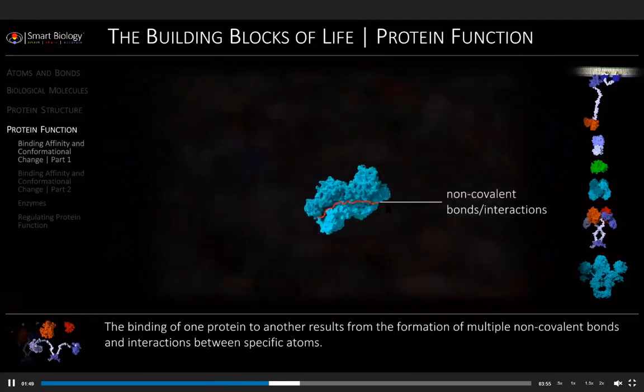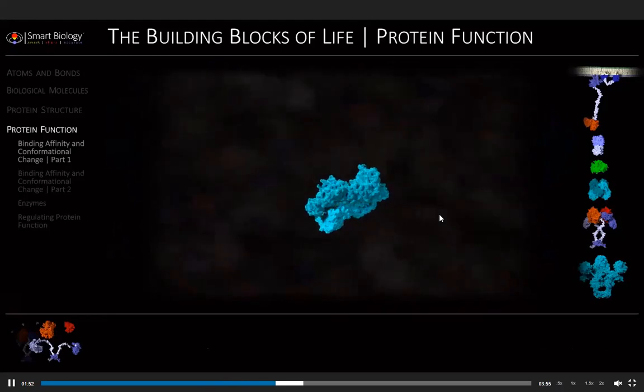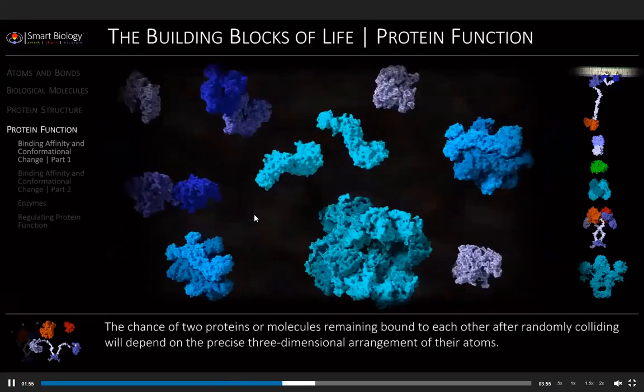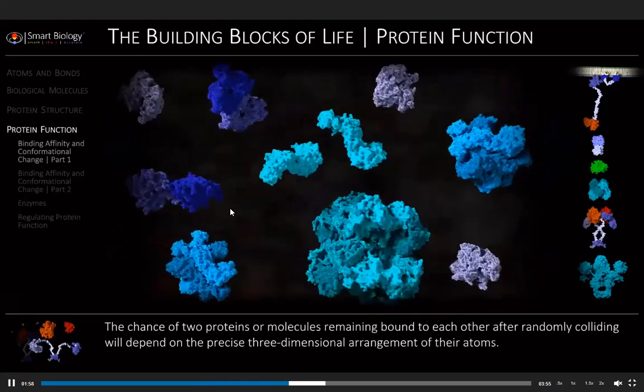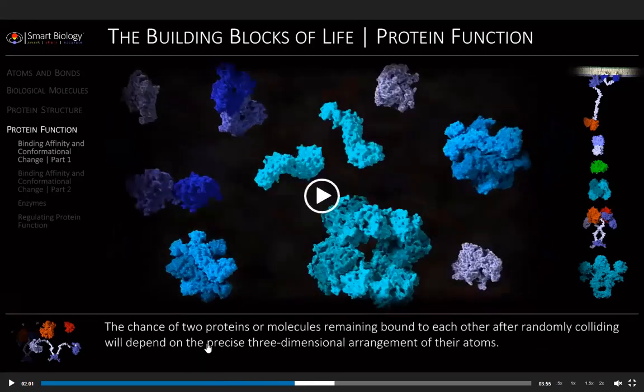And they form these non-covalent bonds or interactions, which will keep them together for the duration that they need to be together. So the chance of the two proteins remaining bound to each other will depend on the very precise three-dimensional arrangement of their atoms. If it favors it, it will remain bound. If it does not favor it, it will be a kiss and go. It will just join and then go away.